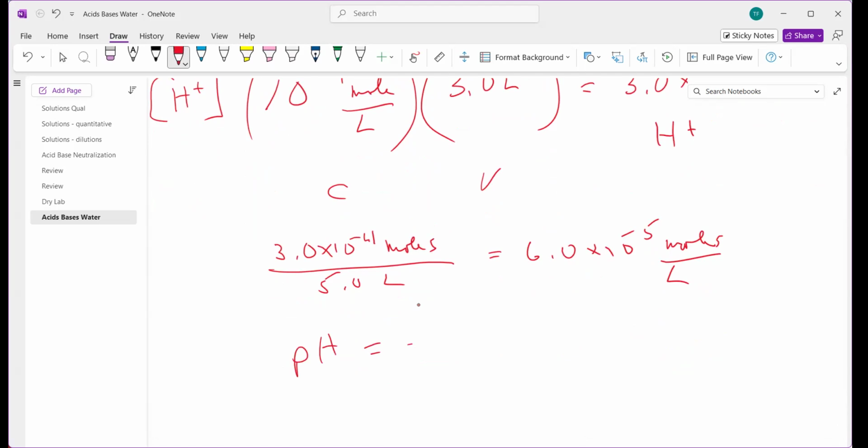So that's going to be your negative log in your calculator of 6.0 times 10 to the minus 5. The pH of the new concentration is 4.22.